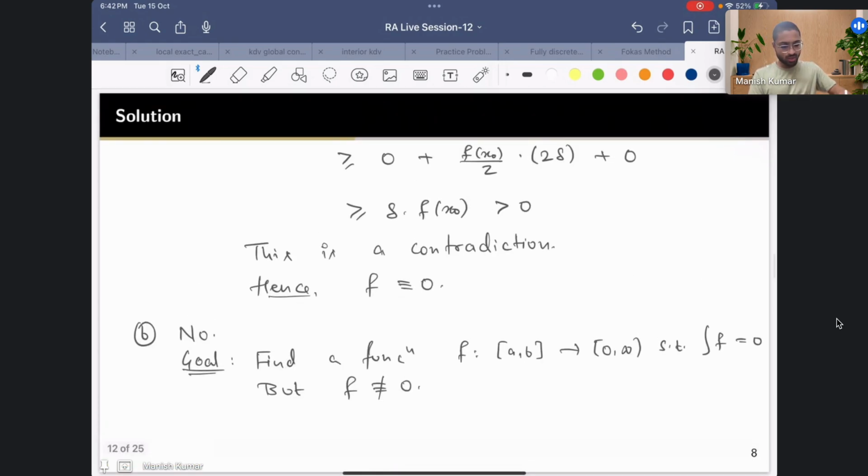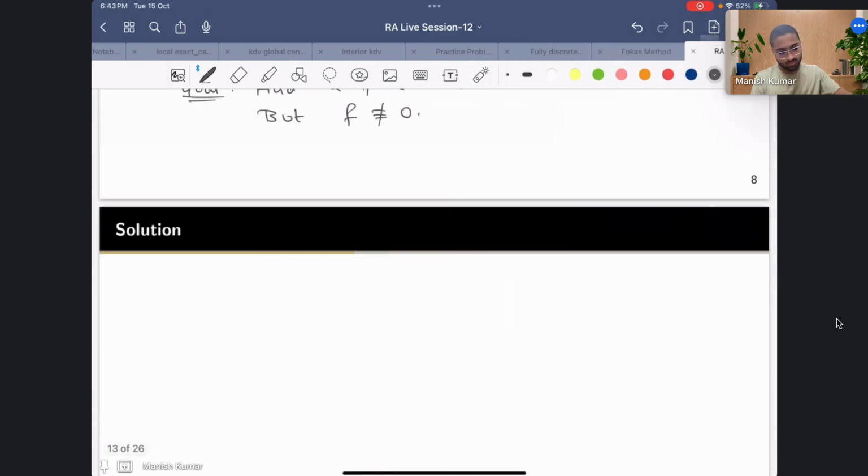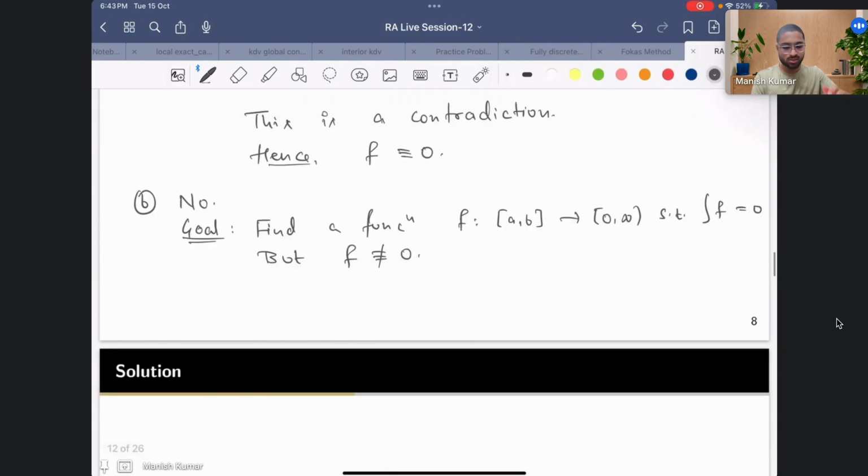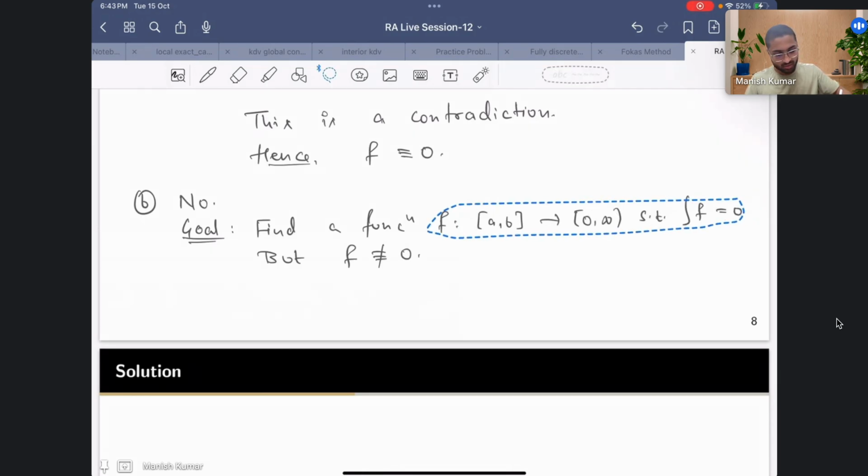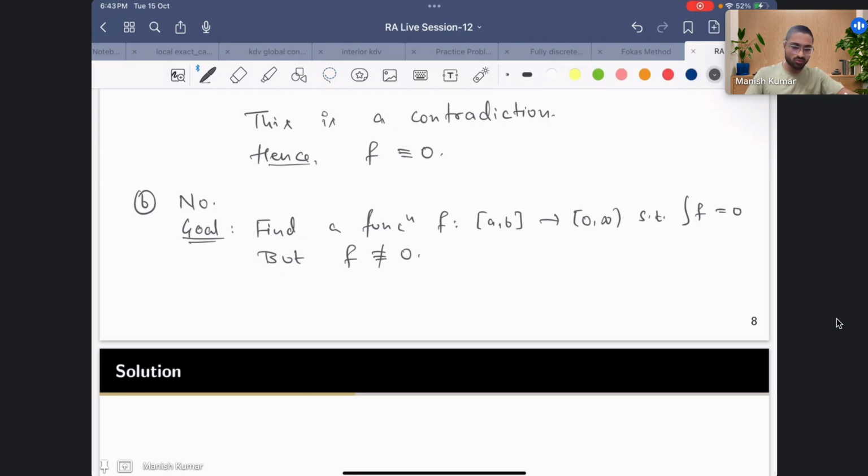Here you are dropping the continuity condition. I'm not saying that the function f is continuous, so you have to go for some discontinuous function such that the integral is 0. Can you think of some example?